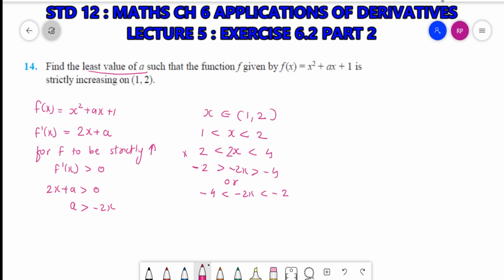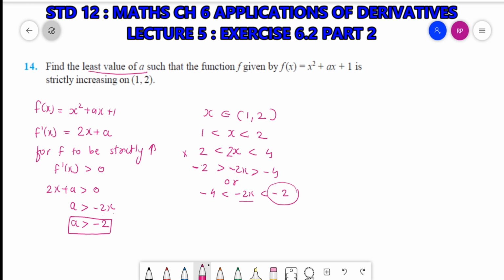Okay, so see, a must be greater than -2x. This is the given condition. So the greatest value that -2x can have is -2. So a must be greater than -2, right? So the least value of a is -2.